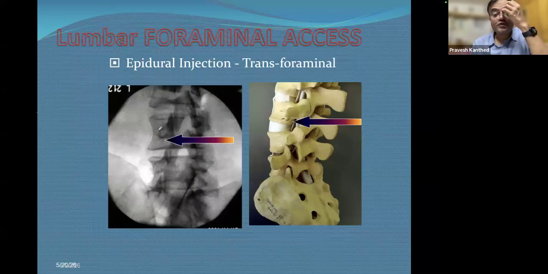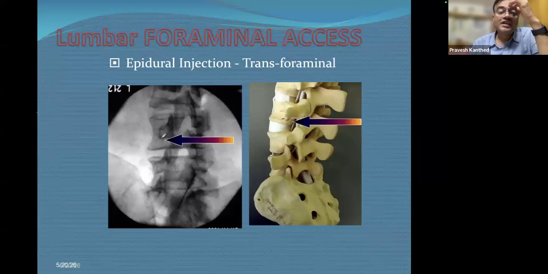Now suppose you have to do an epidural injection. You can see in the model that this is the foramen which has opened up. There are various approaches like the infrapedicular or subpedicular approach, the infraneural approach and the Kambin's triangle approach.